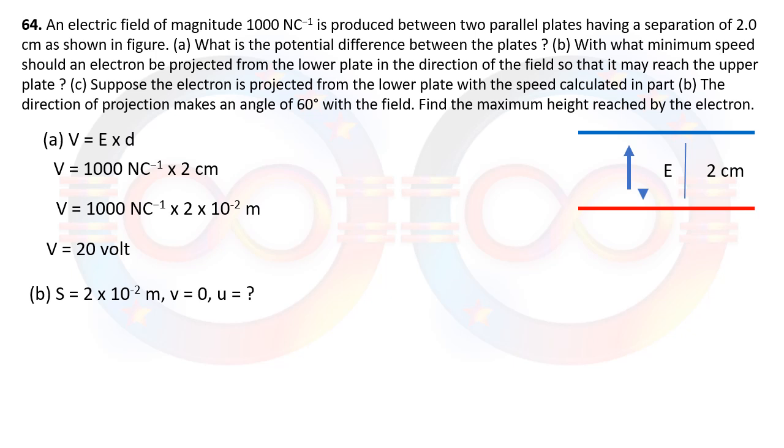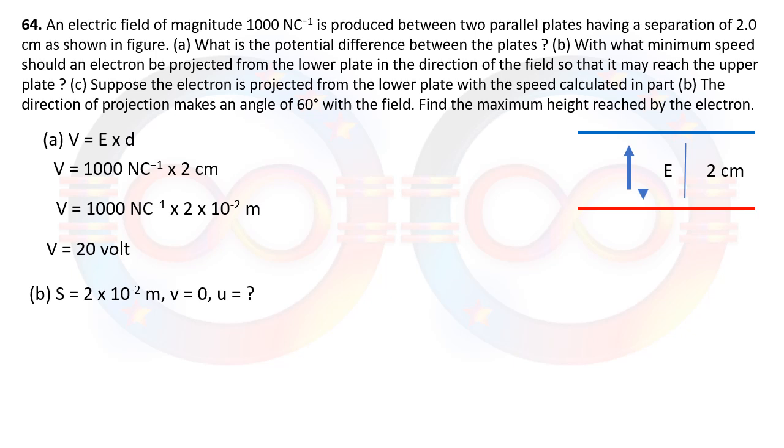The positive plate is the one from which we have been projecting that particular electron. The question is, it be projected from the lower plate in the direction of the field so that it may reach the upper plate.